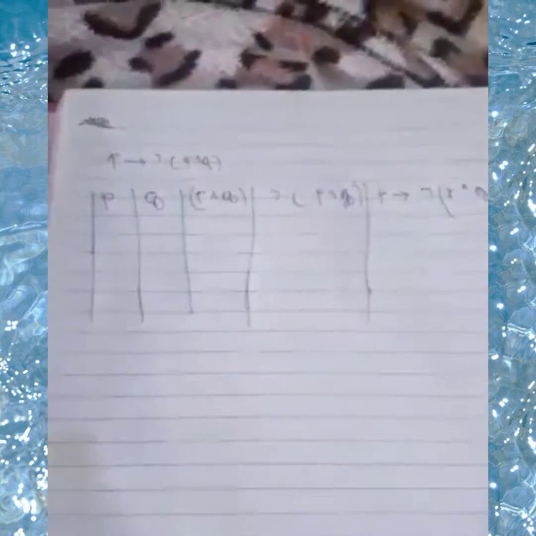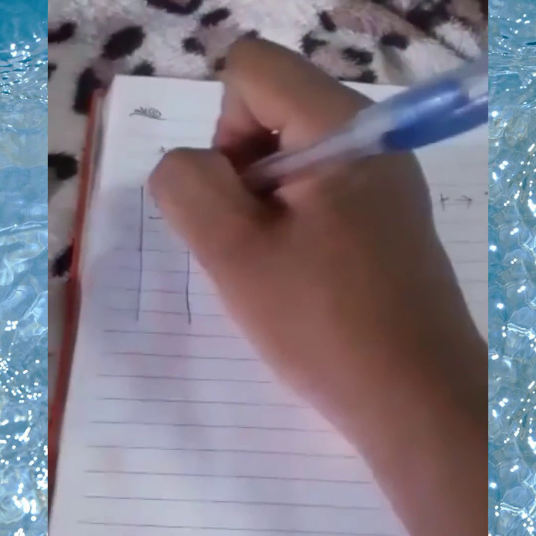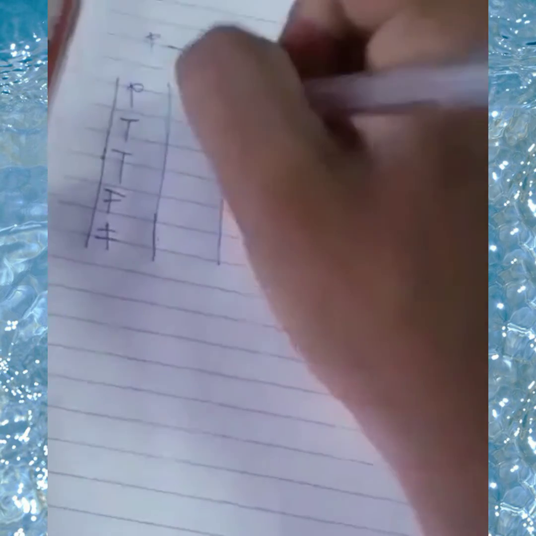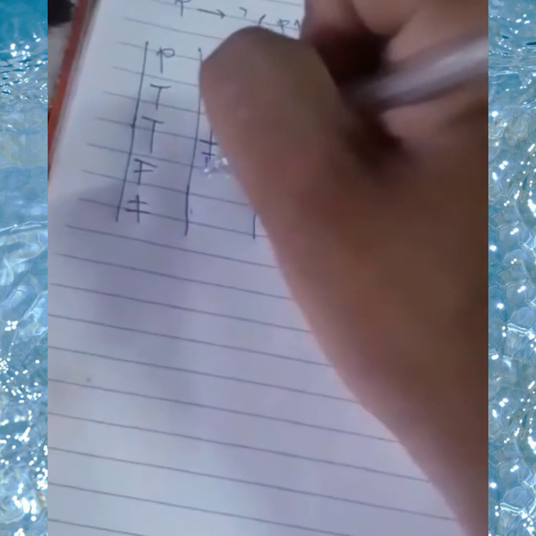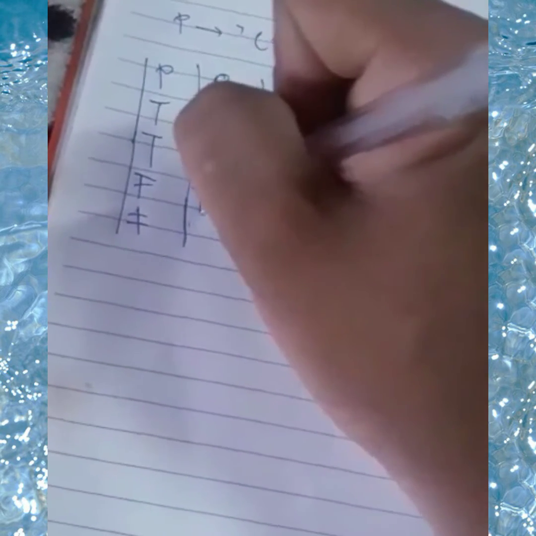How do we start our first column? Right: true, true, false, false. And the second column, the Q: true, false, true, false.